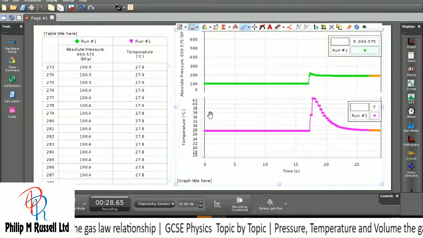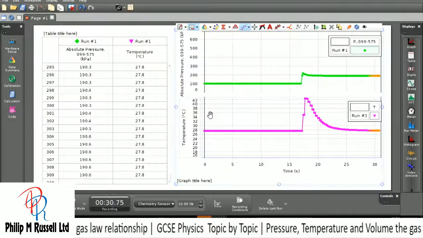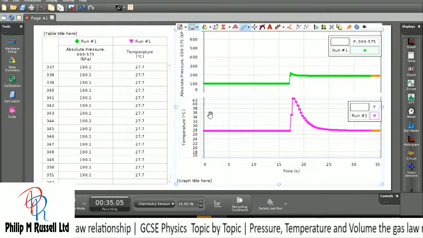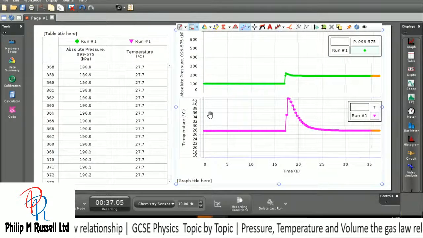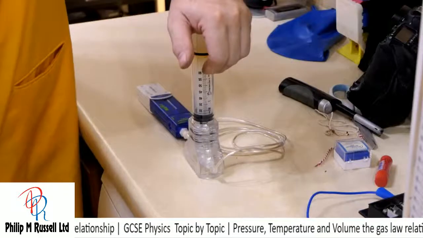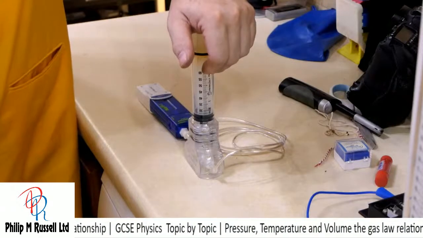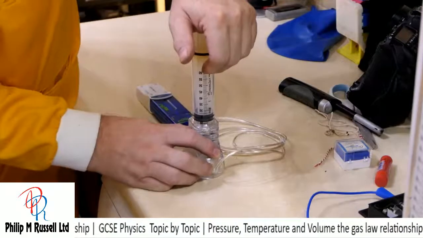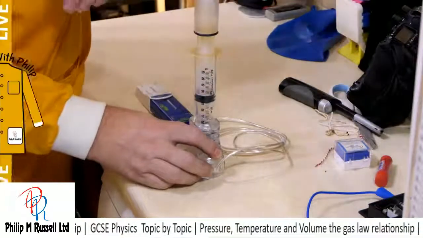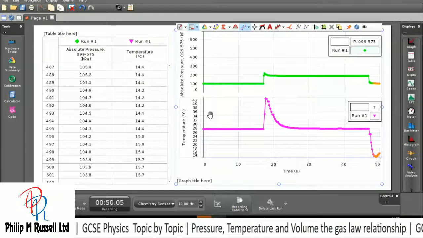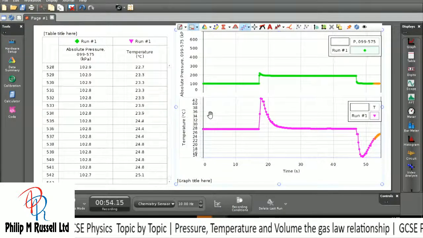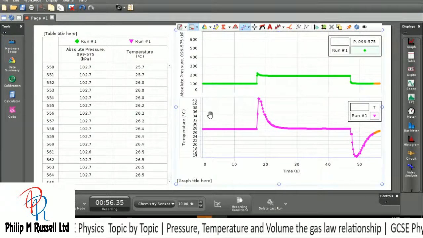Up, and then it's dropped down. Now what I'm going to do is release this, and as I release it we're going to see what happens. So I'm going to release it now, the other way, and what we should see is a temperature fall.